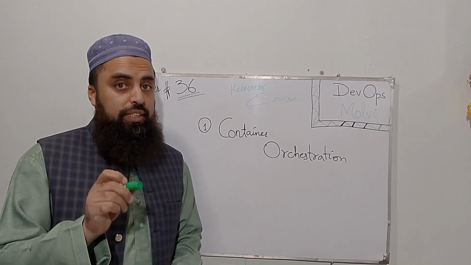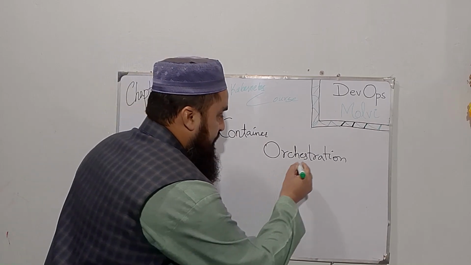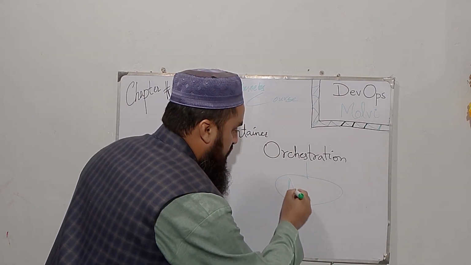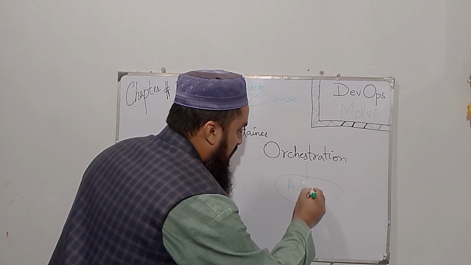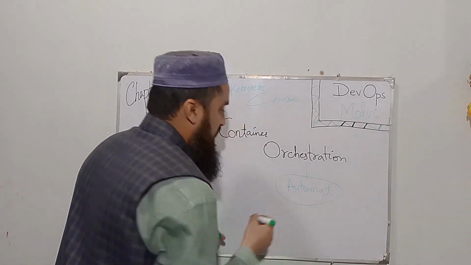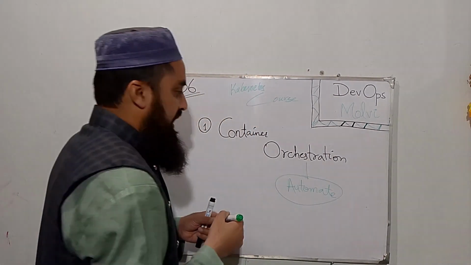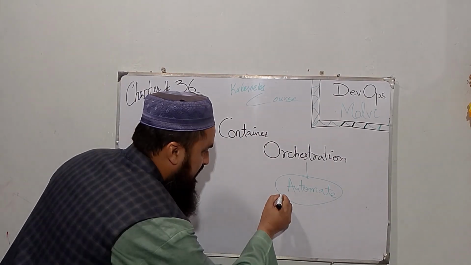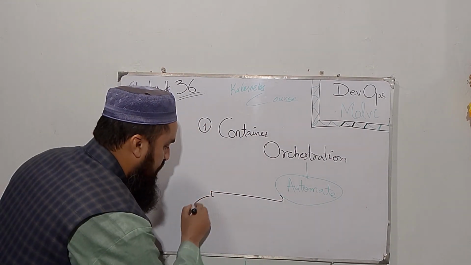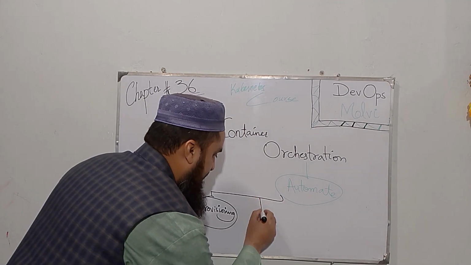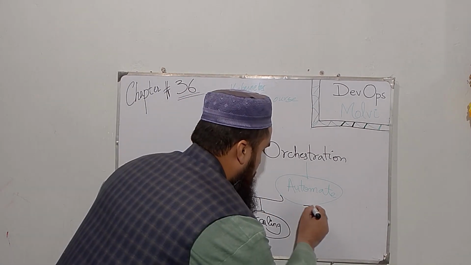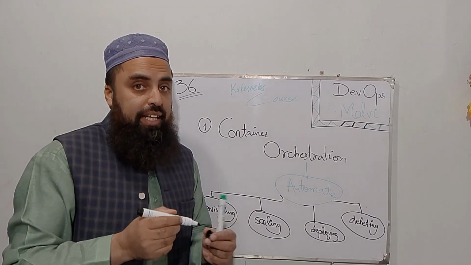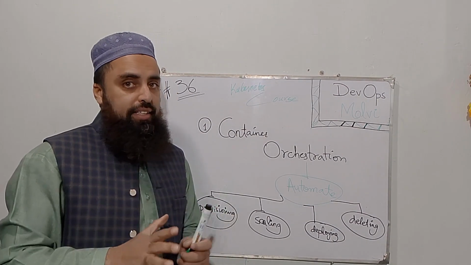So guys, listen to it carefully. Orchestration is the process to automate provisioning, scaling, deploying, and deleting applications inside the containers.